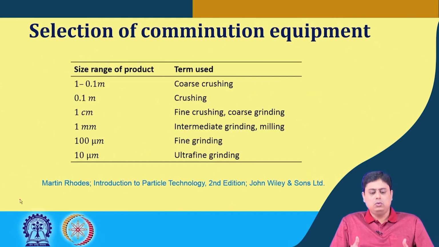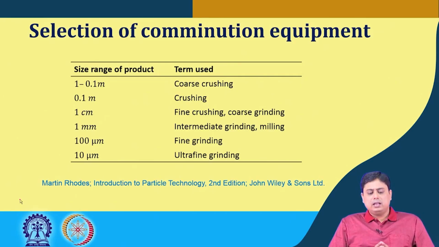If we use crushing or grinding operations, we have the crushers, jaw crushers and these types of equipments. If we go for the milling operation, the intermediate grinding in the order of a millimeter or lower, we go for different types of milling equipments. If we go for very fine grinding or ultra fine grinding, down to this 10 micron particle size, then we handle it with appropriate equipment, typically the colloid mills.